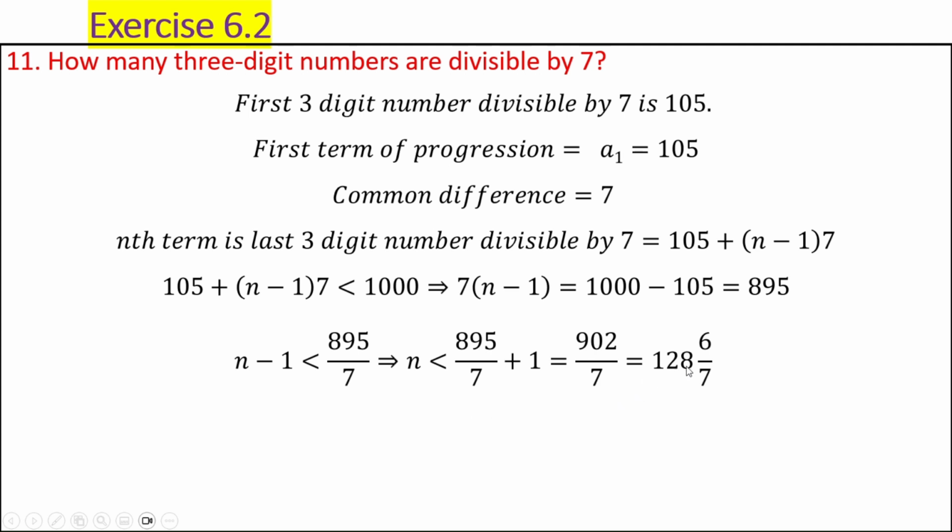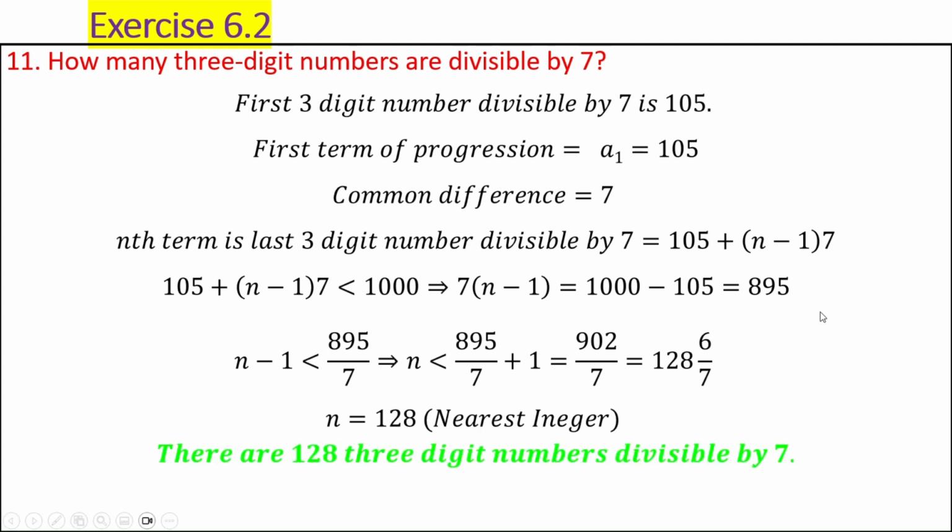Okay, n should be less than this value. What is the integer value which is less than this? That is 128. So n is equal to 128, which means there are 128 three-digit numbers which are divisible by 7. Okay, next.